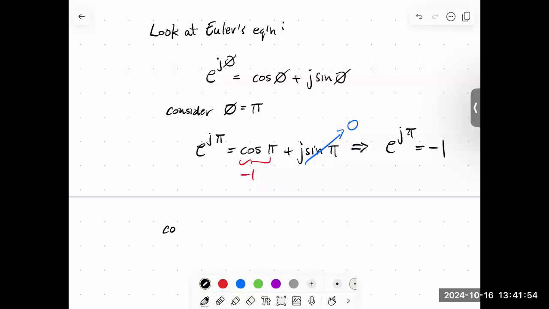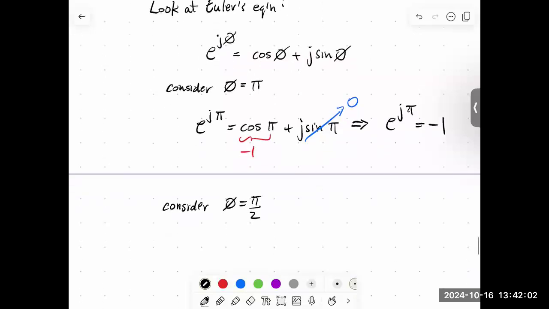Let's do something else. Let's do phi is pi by 2. And let's see what happens. Okay, so e to the j pi by 2 is equal to cos pi by 2 plus j sine pi by 2.